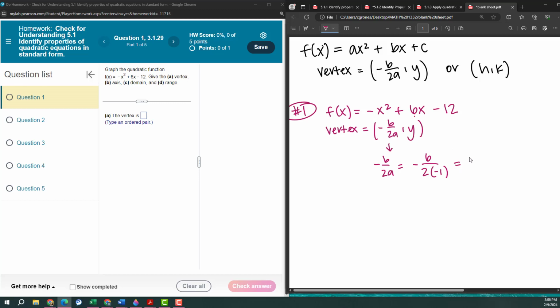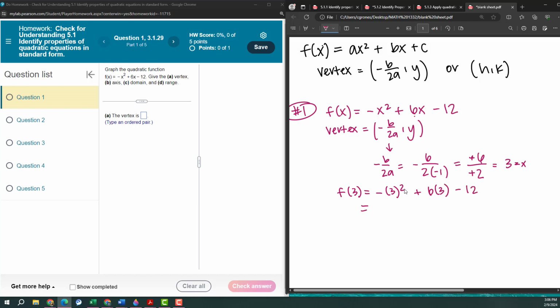Okay, so I've got negative 6 over, and then 2 times negative 1 is negative 2. So these are going to cancel out and become positive, and then 6 divided by 2 equals 3. So for x, x is going to equal 3. I can plug this into our formula. So f of 3 equals negative 3 squared plus 6 times 3 minus 12.